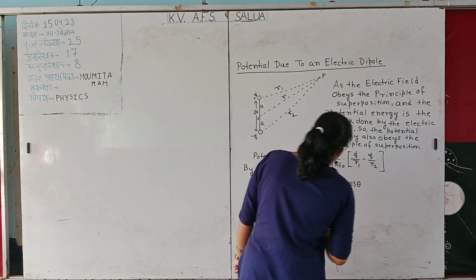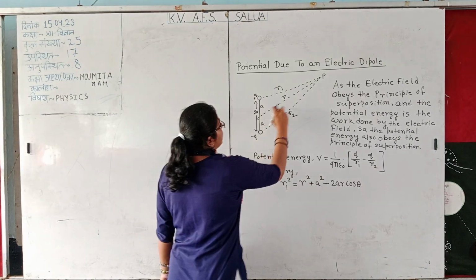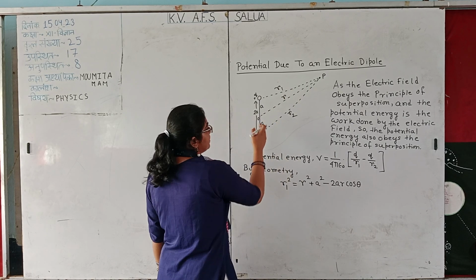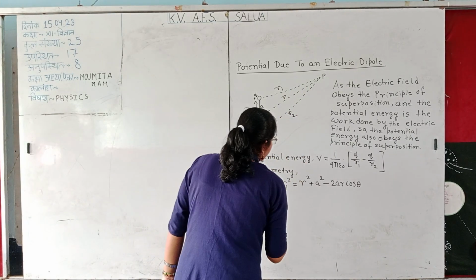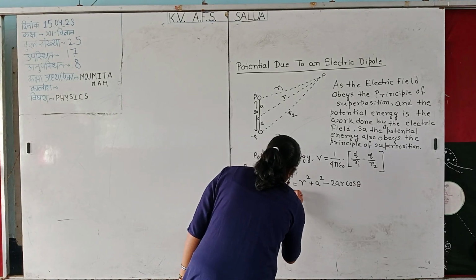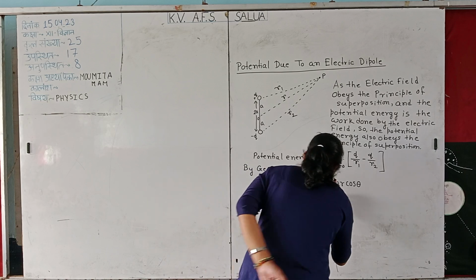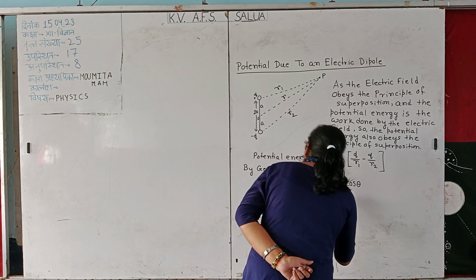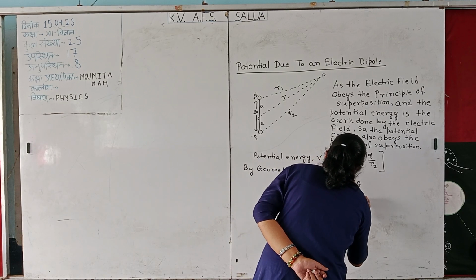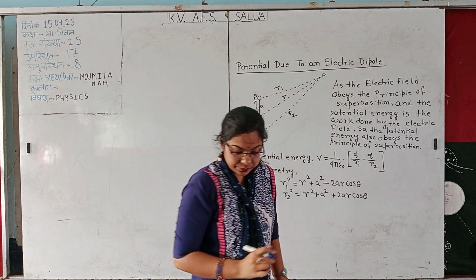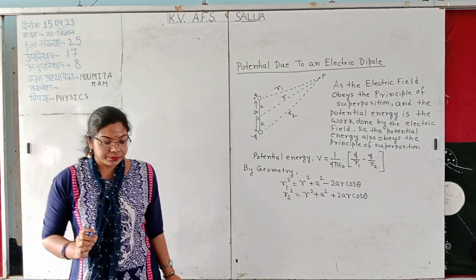Similarly, for the second triangle where the minus q is located, you can write r2 square equal to r square plus a square plus twice a r cos theta.